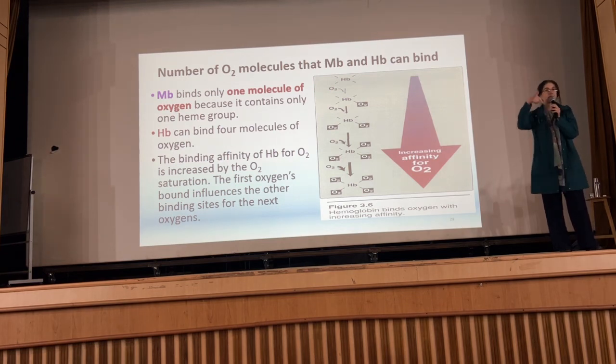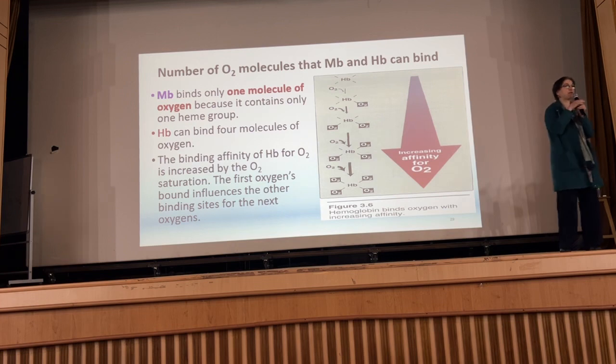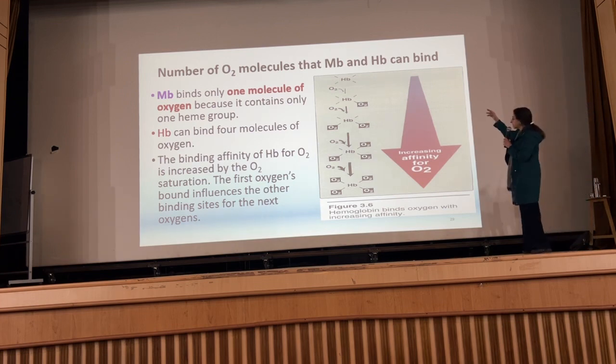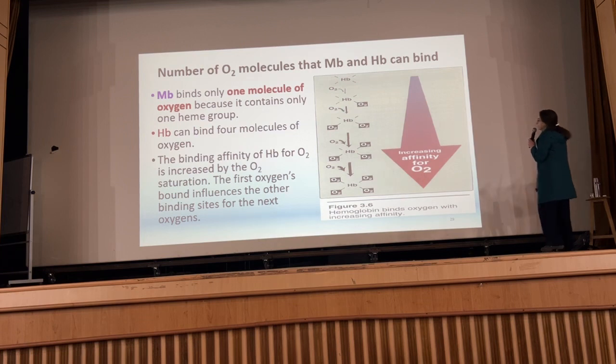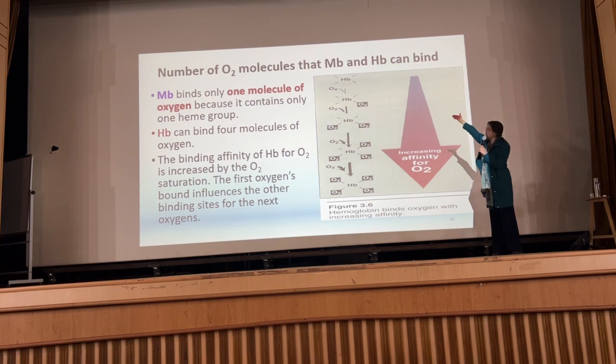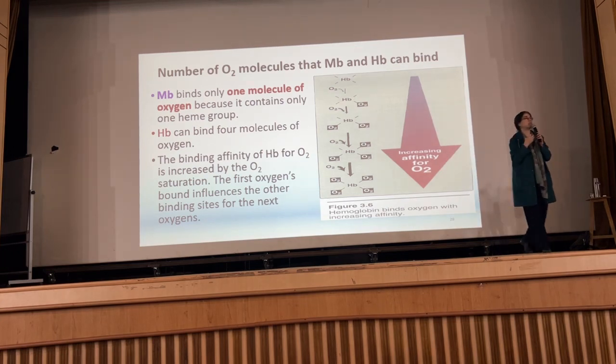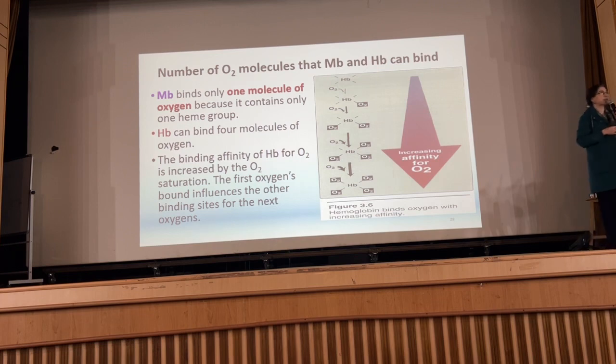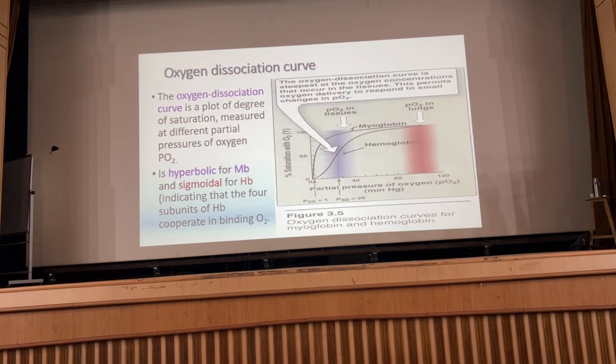The second one binds oxygen, the third one binds, and the fourth one. So this is why what you see in this diagram here, when the first binding starts, it encourages the saturation of hemoglobin for oxygen.